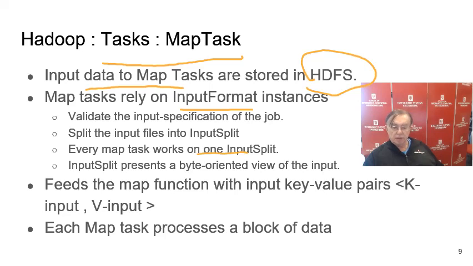You do an input split, and then you assign one input split to each map task. The input split allows the job to read in a stream of bytes, which are then key value pairs, and you have a block of data which is multiple key value pairs. You need to have lots and lots of key value pairs in one split, because otherwise the overhead of chopping it up will be too much.